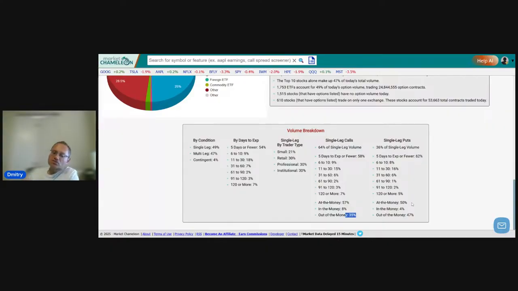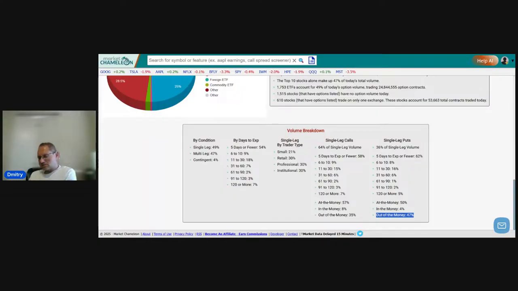The puts, 50% were close to at the money, and 47% were out of the money. So here it's a little bit more evenly split, where there were out of the money trades in both, but for the most part, at least half of the volume is concentrated around at the money options.